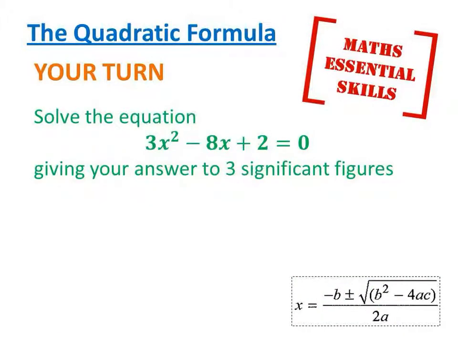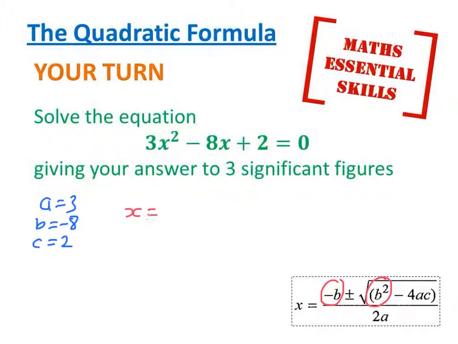Okay, one for you to try now. Pause before you see the answer. Okay, so start by writing down your A, B and C values. In this case, A is 3, B is negative 8 and C is 2. Substitute into your formula, taking care with the first 2 elements, the negative B and the B squared.